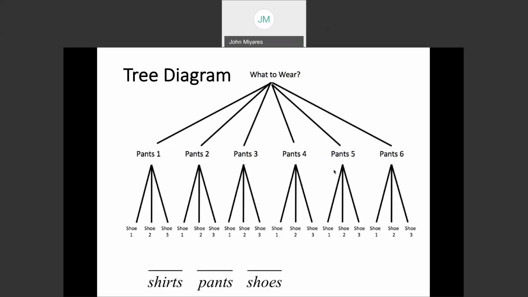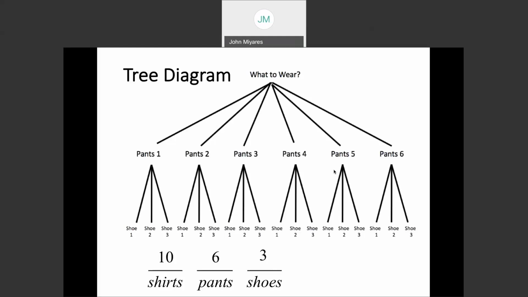Now let's throw the shirts in here for good measure. I couldn't construct a tree diagram this big because 10 shirts on top of all of these other branches just was not going to fit very well on this slide. But if I have 10 t-shirts and 6 pairs of pants and 3 pairs of shoes, you can probably imagine for each t-shirt, you're going to have 10 different branches coming off of those little shoe branches at the bottom of this tree.